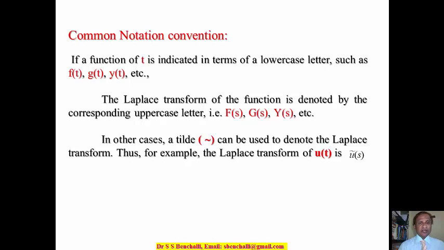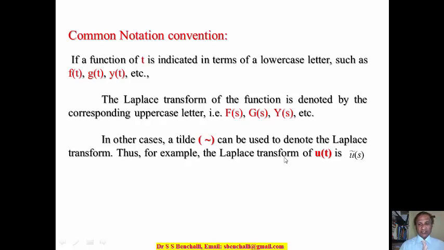Before that I wanted to concentrate on the notations, because we can use different notations in a Laplace transform. If a function of t is indicated in terms of lowercase letters such as f of t, g of t, y of t, etc., the Laplace transform of these functions is denoted by capital F of s, G of s, Y of s.